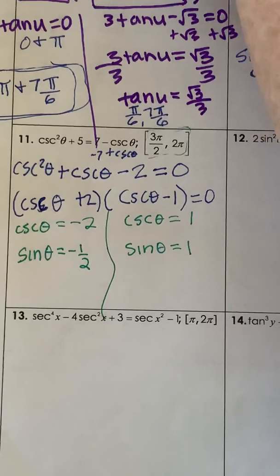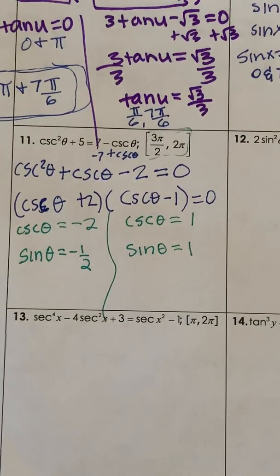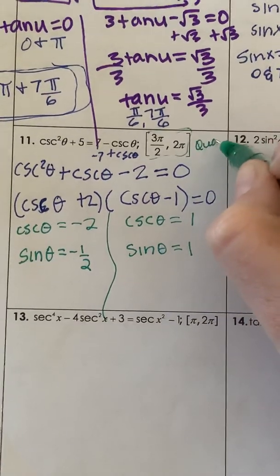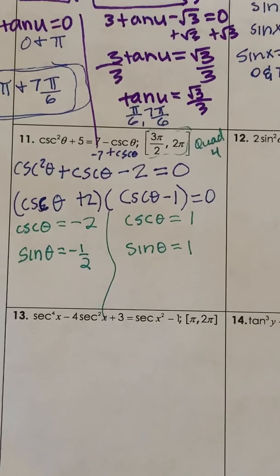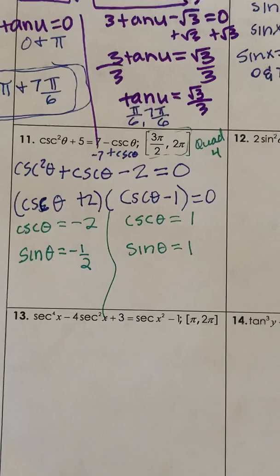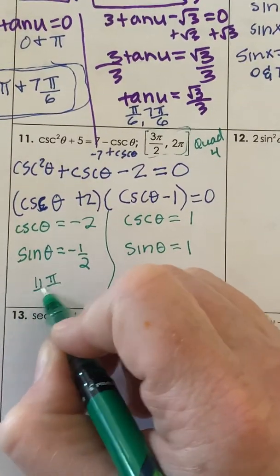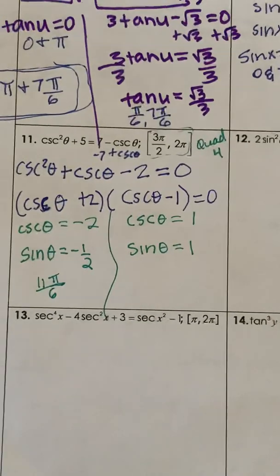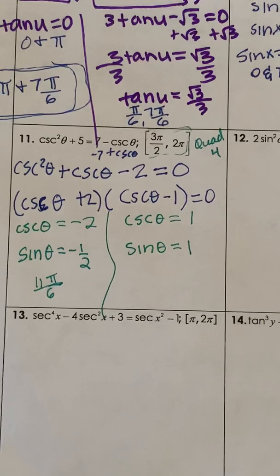So if I'm just looking at that as quadrant 4 only, if you don't want to list all your possibilities out, you can just think about that. And the sine is negative 1/2 at 11 pi over 6. And then where is sine theta 1 in that interval?